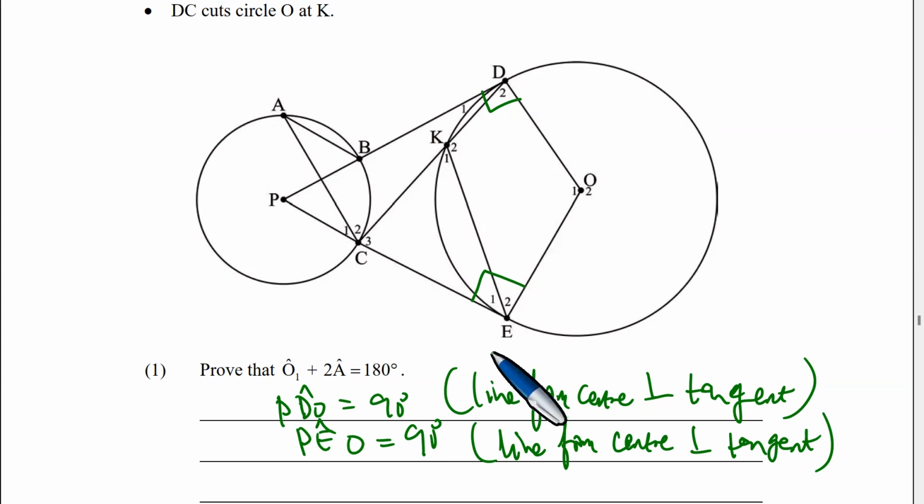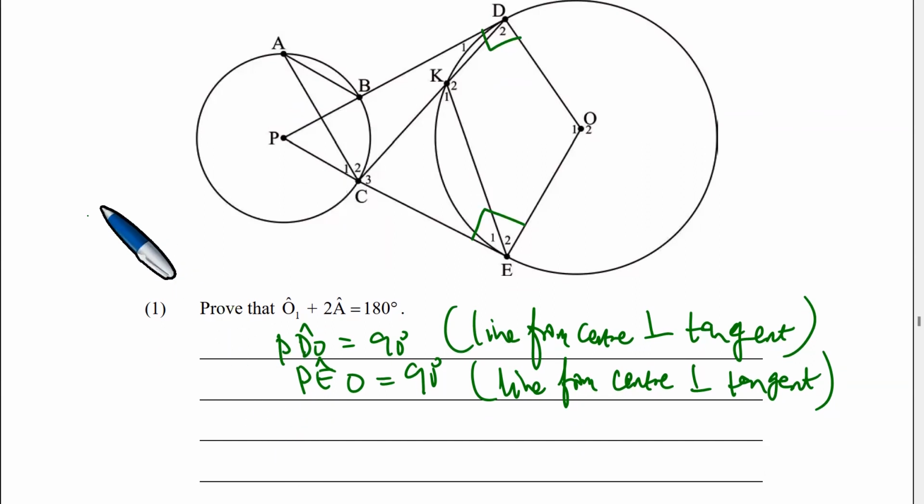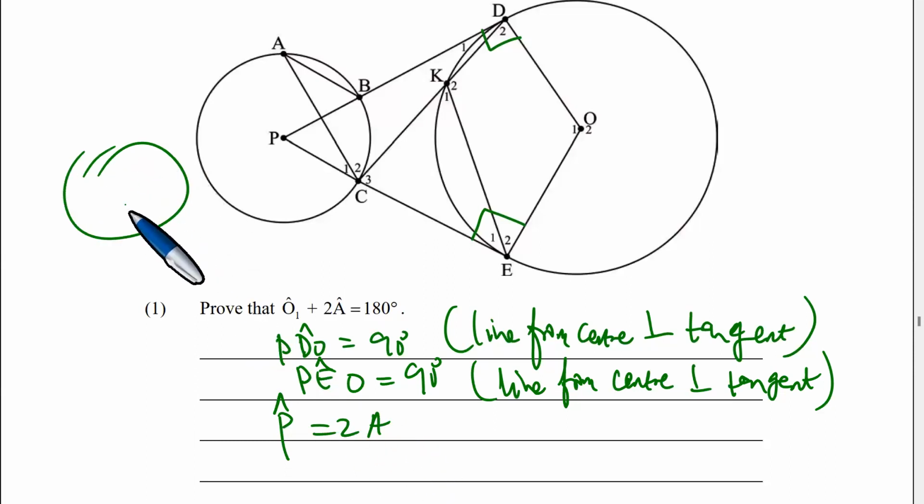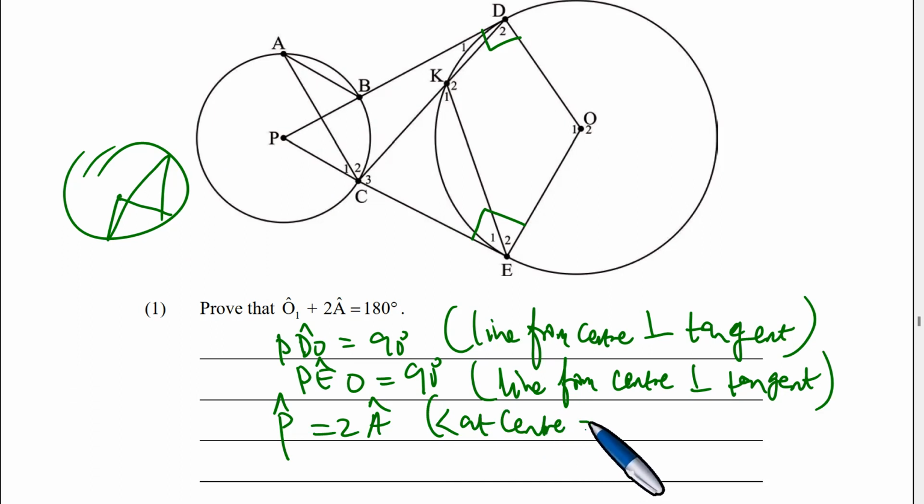Right, so we have the 90-90, and then now we can have that angle P is equal to twice A. This is the angle at center theorem. So angle P is twice A. Why? Because the angle at center is equal to 2 times the angle at circumference.